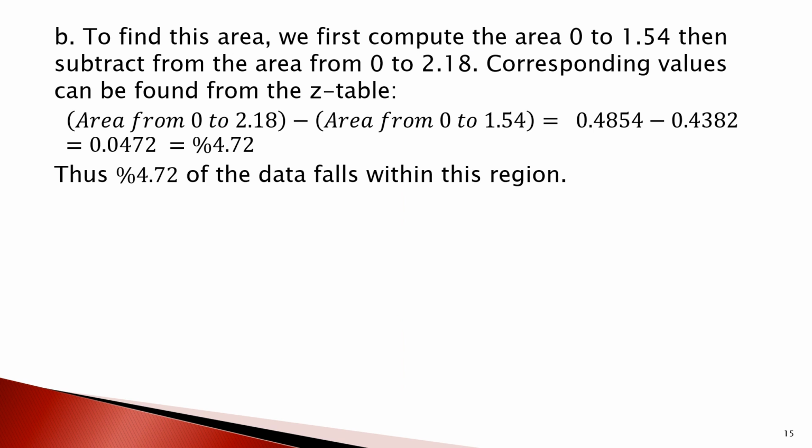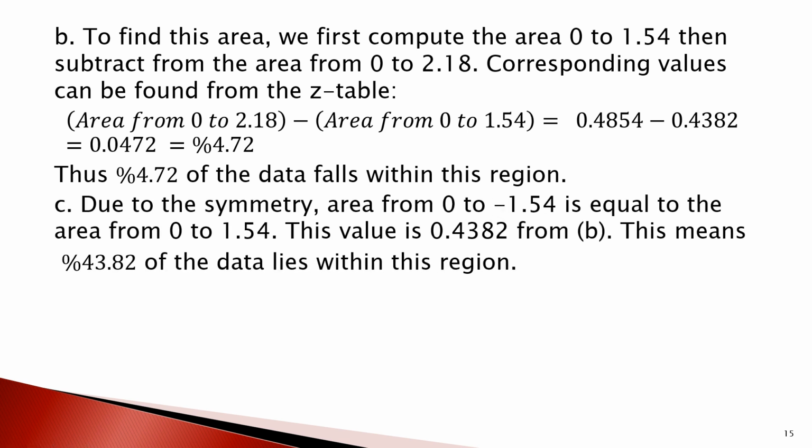To find that region, I will take the area from 0 to 2.18 and subtract the area from 0 to 1.54. Similarly, the area from 0 to 1.54 is 0.43. So the difference is going to be 0.04. That means almost 4% of the data falls in that region. That's a very narrow region.